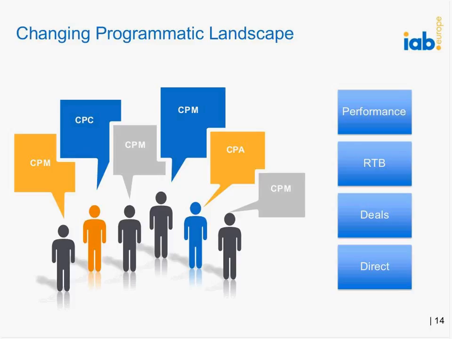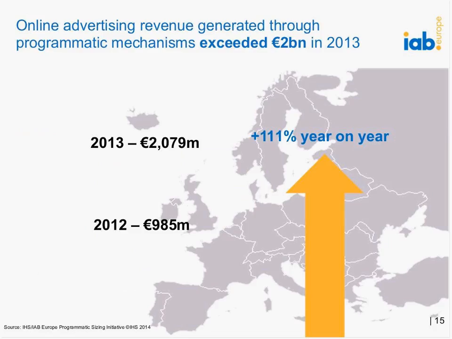And we see that programmatic will just be the method of media execution, and that will drive the growth of programmatic very much. So when we look at the market, we saw that from 2012 to 2013, it more than doubled, up to 2 million euros spent in programmatic.